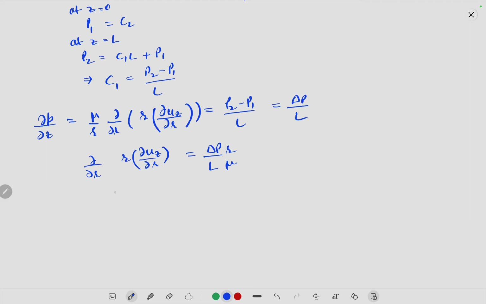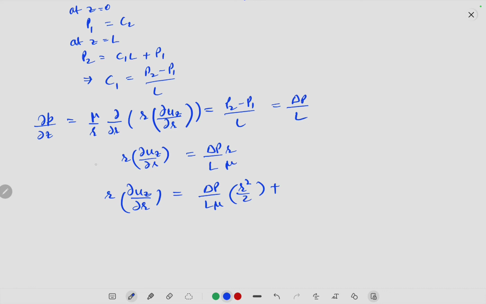Integrating both sides with respect to r will give me r del uz by del r equal to delta p by L mu times r square by 2 plus a constant.